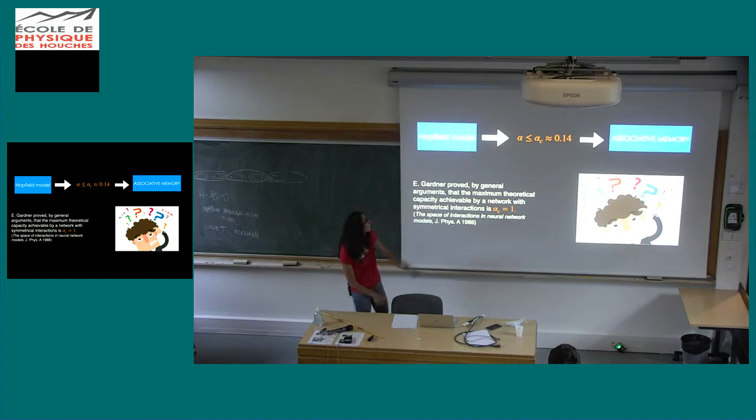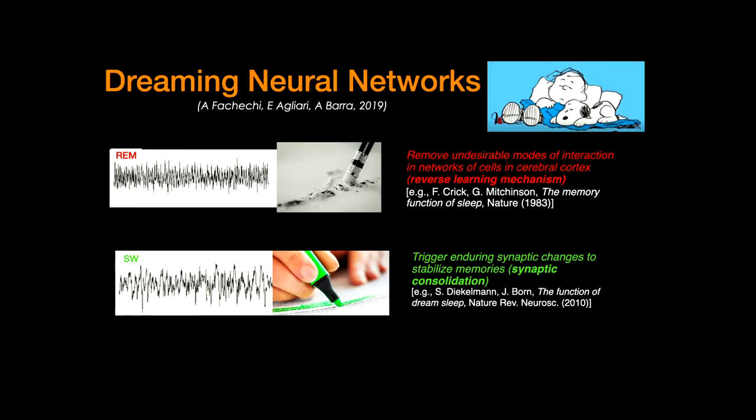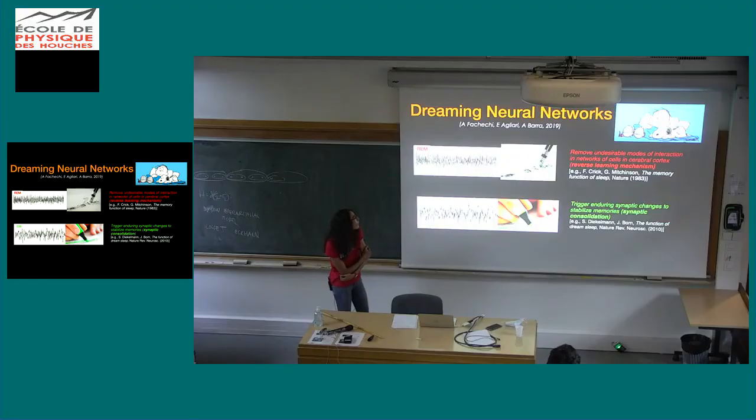So the 0.14 predicted by Hopfield is rather poor, and there were a lot of studies trying to improve this number. And in this direction, we can find the dreaming neural network that takes inspiration from biological studies.